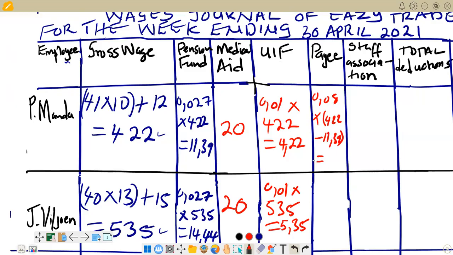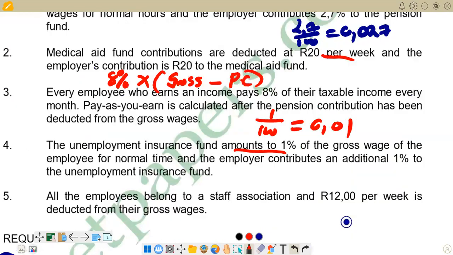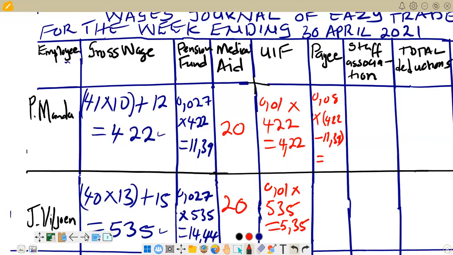Then the answer that we get becomes our pay as you earn. The pension contribution here is the one that we are subtracting. So we go back there. If you calculate that for PMANDA, you're going to get 32.85. That's what we have there.